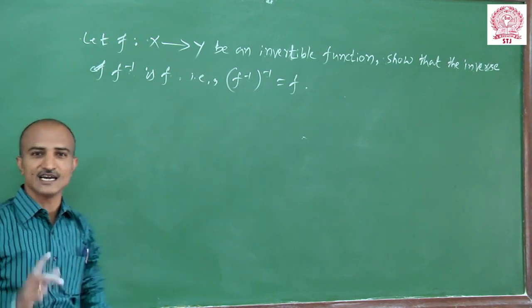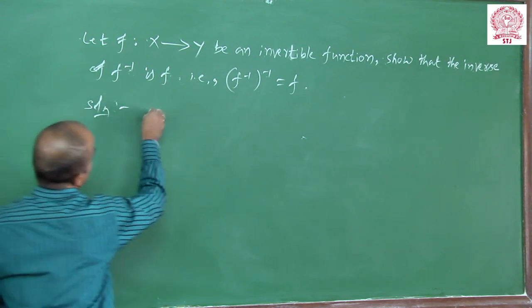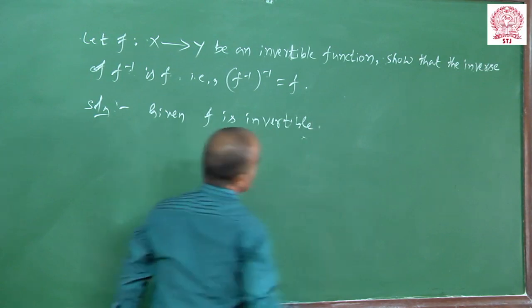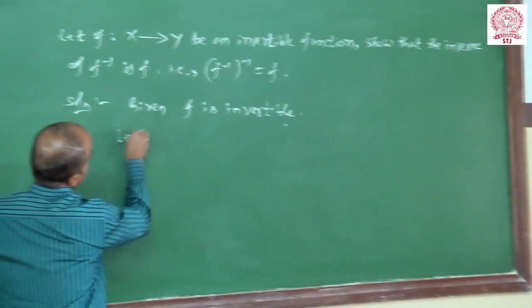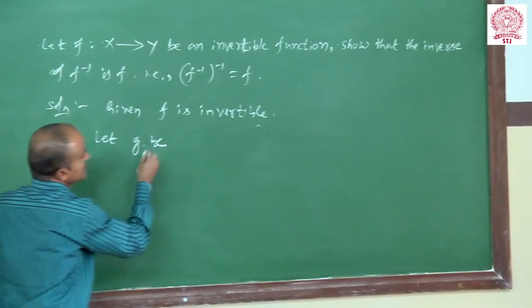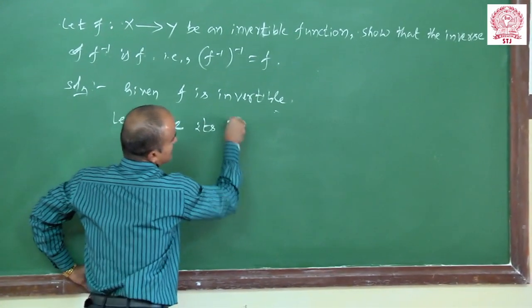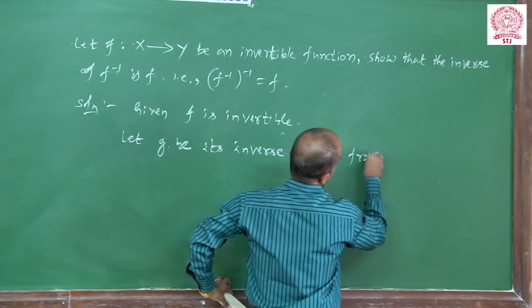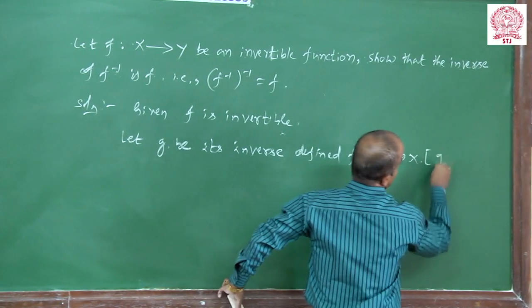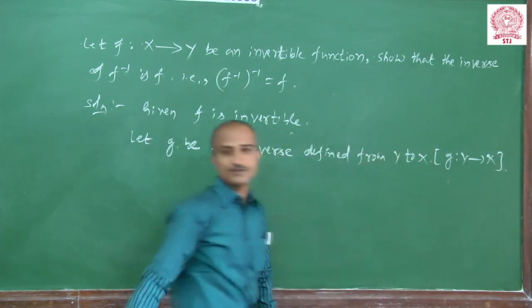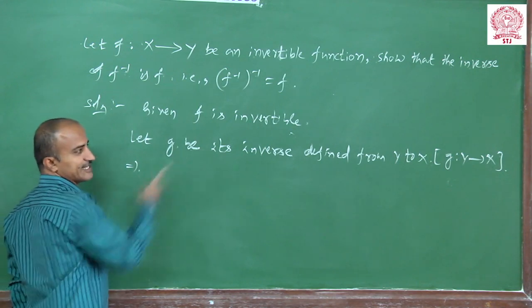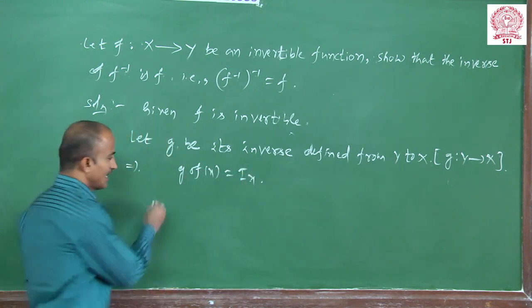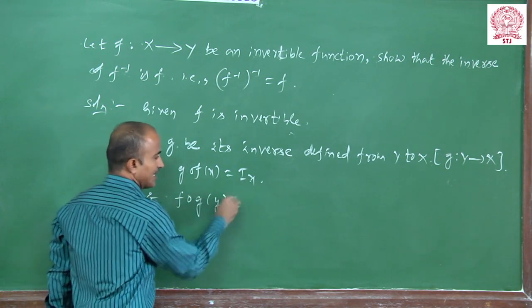For that we will consider, given f is invertible, let G be its inverse, defined from Y to X. Since f is invertible and G is its inverse, then gof of x equals Ix and fog of y equals Iy.